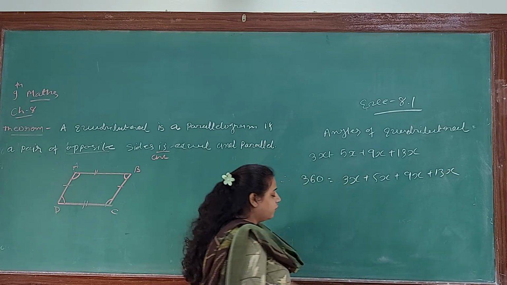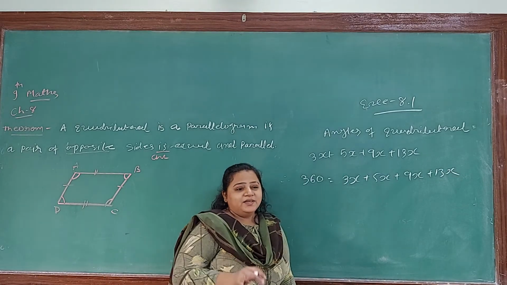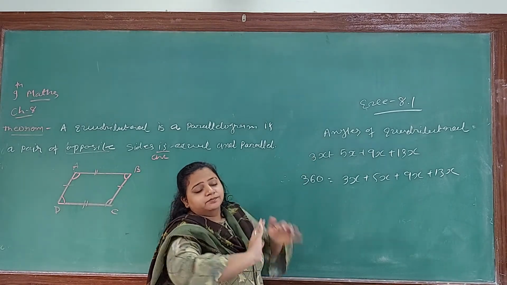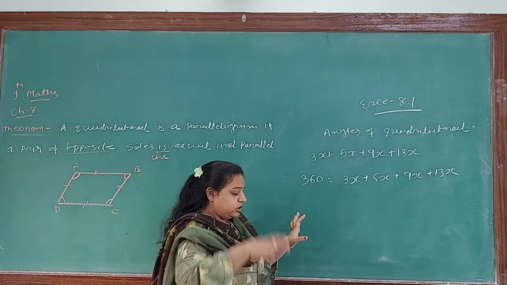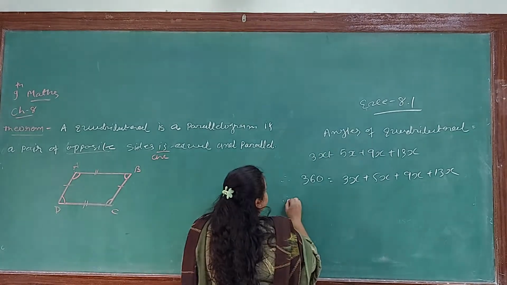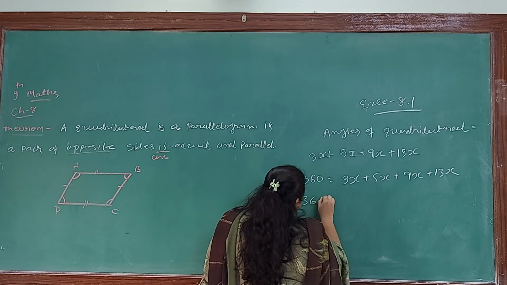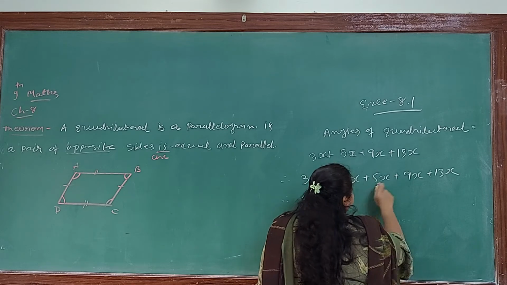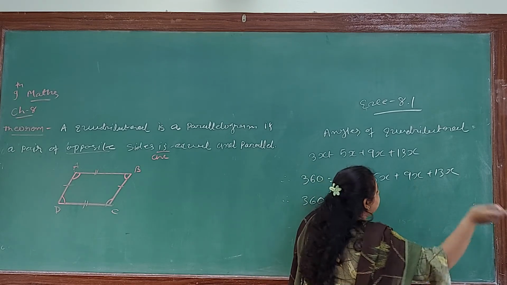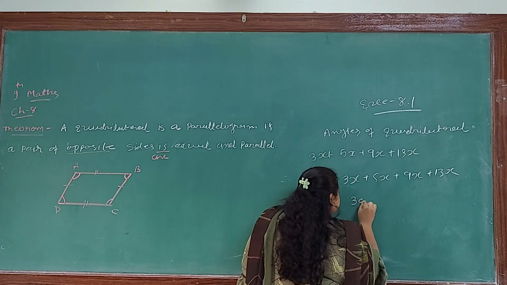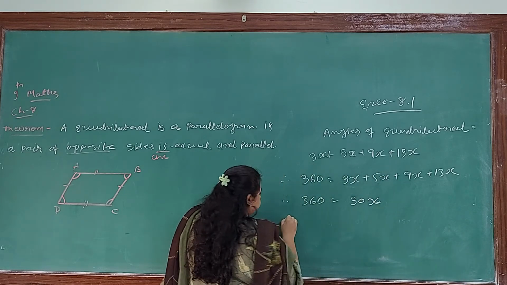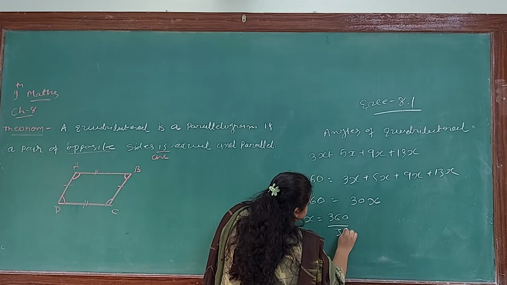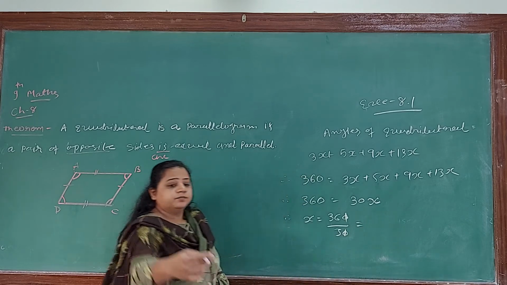See, now it is given in the form of a ratio, so we have to take x as an assumption, right? And the total of each angle of a quadrilateral will be 360. Using this theorem, 360 equals 30x. 3 plus 5 is 8, 8 plus 9 is 17, 17 plus 13 is 30. So x equals 360 upon 30, so x will be 12.